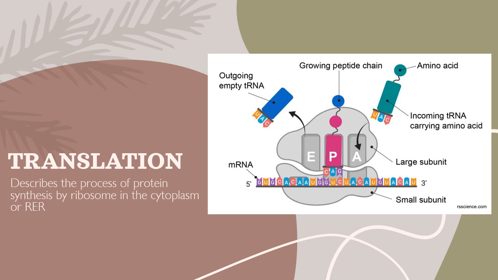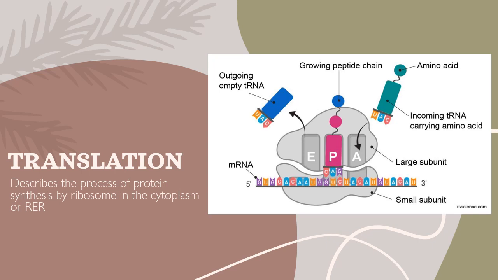Now, this tRNA, the transfer RNA, brings the individual amino acid to the A site. You can see in the picture, the A site or your aminoacyl site. Okay, then this amino acid forms a peptide bond with the growing polypeptide chain in the peptidyl site or the P site.